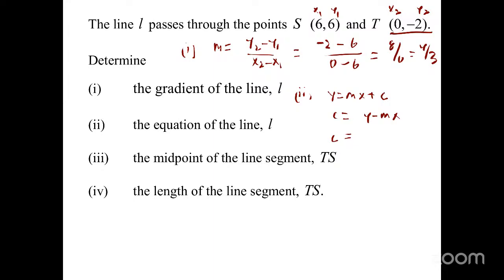So if you plug it in here, you will see that you're going to get c to be minus 2. Y is equal to 4/3 x minus 2. That's okay? So sometimes it's easier to choose that. But if you choose (6, 6), you're going to get the same minus 2.